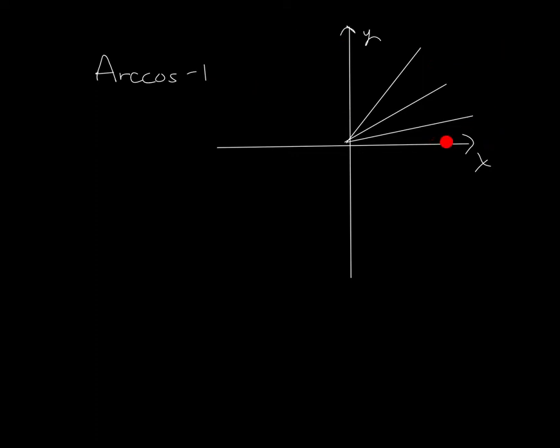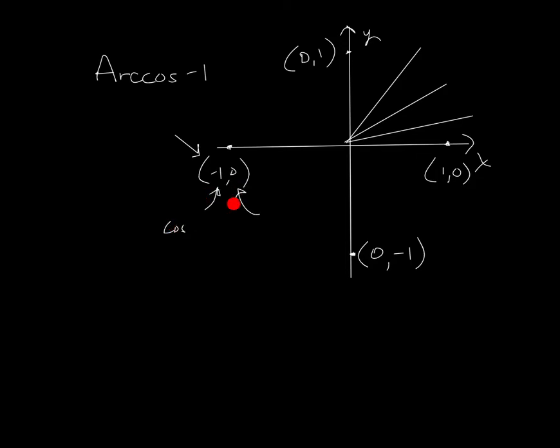If you put the points on here, I can't get this built in my head, I have to draw it every time. This is 0, 1, this is -1, 0, and this is 0, -1. So cosine of -1 would be this angle right there, because this is your cosine and this one's your sine.